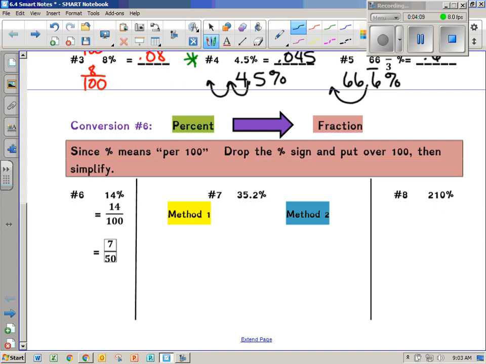So conversion number 6, starting with a percent and going to a fraction. Before, one of our methods was trying to force our fraction to have a denominator of 100. Well, if it's a percentage to start with, you can always just drop the percent sign and divide by 100.